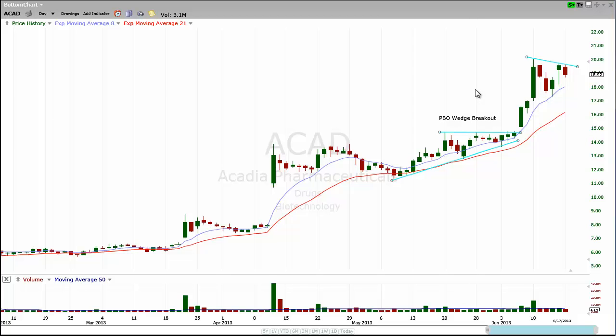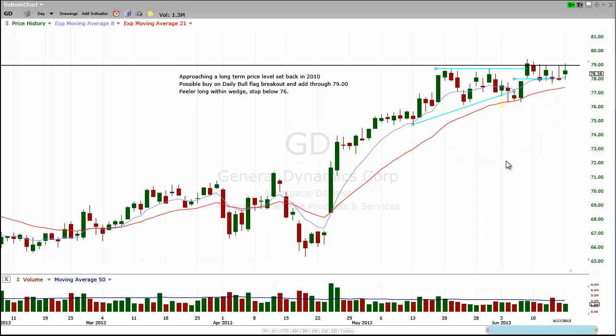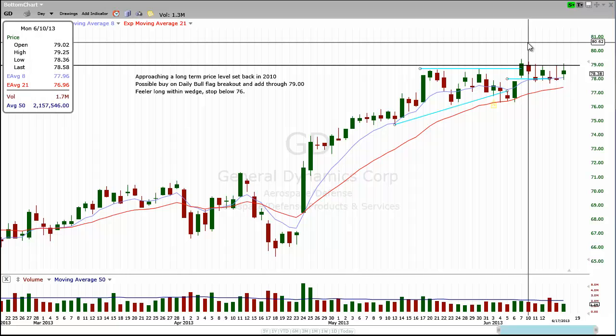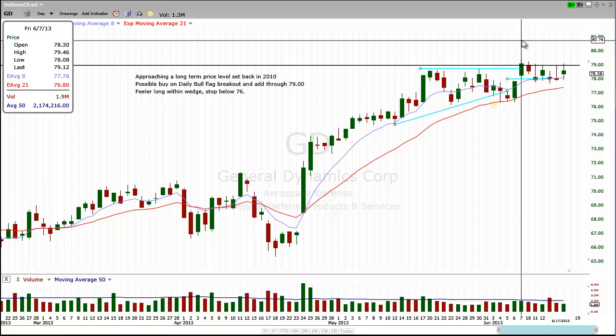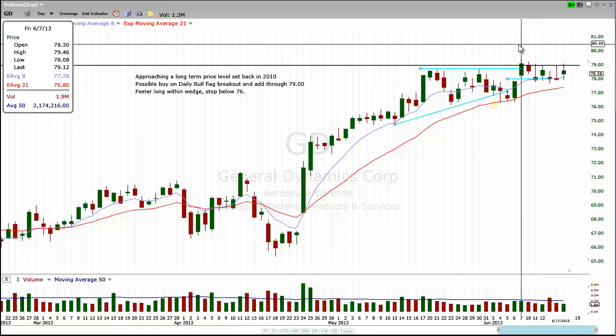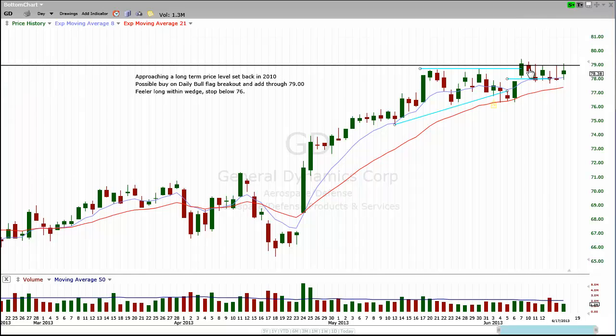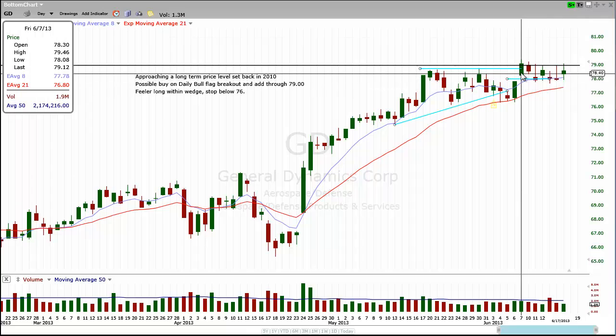And next is GD. So this tried multiple times. It tried this day, it failed. This is the day it stopped me out. I got in this day on the 7th. Then on the 11th it stopped me out because my stop was below this candle.